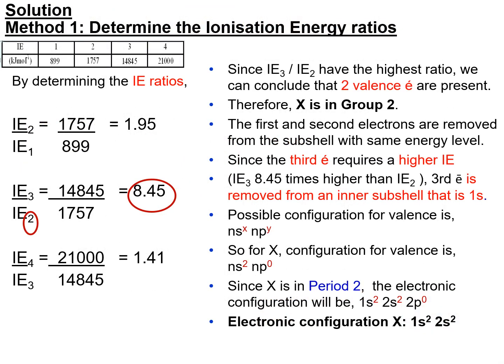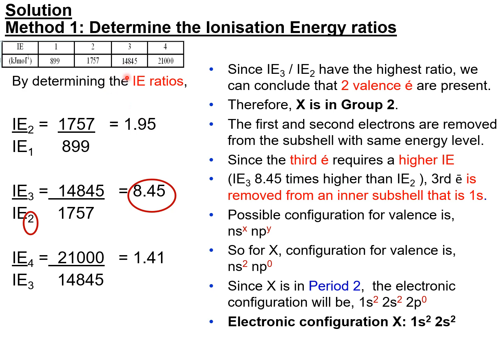Okay, kalau let's say kamu nak cari valence electron configuration melalui successive ionization energy, kan ada dua cara. Method yang pertama, you boleh determine by the ionization energy ratios. So kalau let's say you nak guna the first method, you bahagilah mula-mula ionization energy yang kedua bahagi 1, lepas tu dapat 1.95.